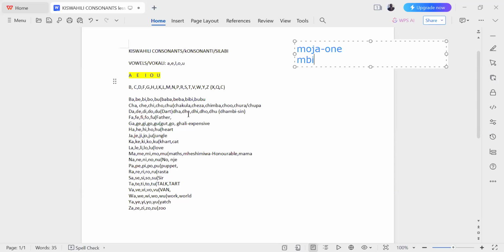Like moja is made up of 2 letters, mo and ja. But there are syllables that are made of 3 letters, which is M, B, and I. So if you take B, then you bring L-I, which is Li. You get the word Mbili, which means two.